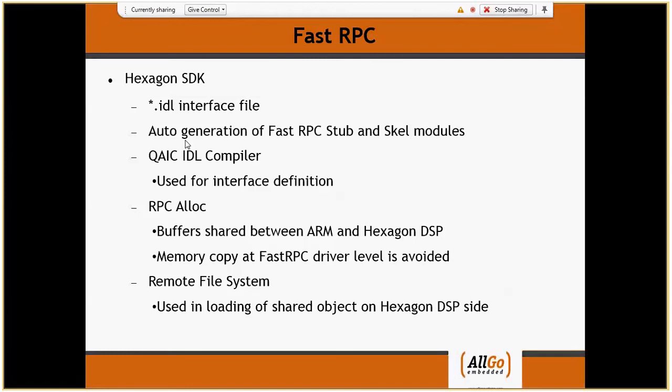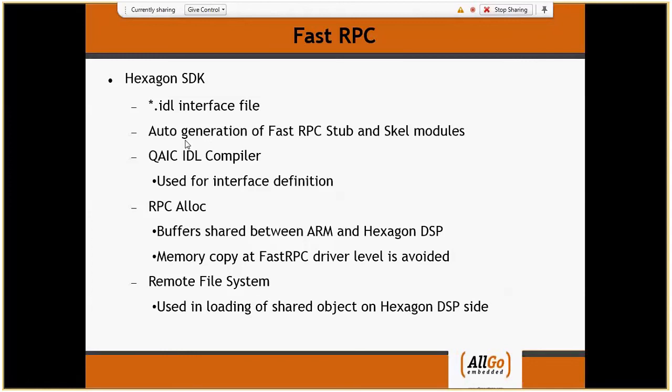This FastRPC stub and skel talk to the FastRPC driver both on the ARM and the Hexagon QDSP. The Hexagon SDK uses a Qualcomm IDL compiler for this interface, which is an interface definition language. So we need to write the interfaces between the ARM and the DSP, and the modules which talk between ARM and DSP have to be written in this IDL language.